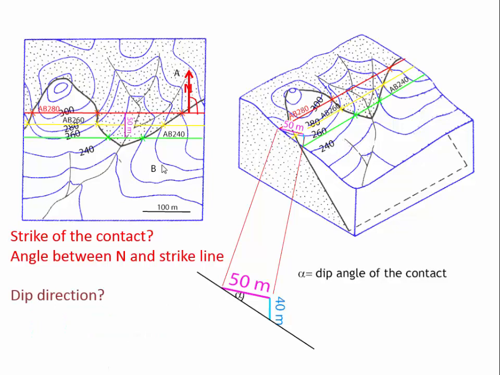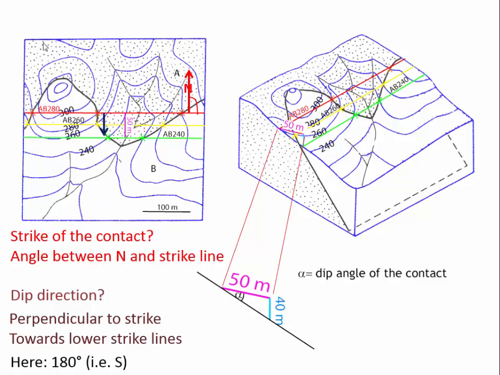So how to determine the dip direction? The dip direction is easily determined at right angle with respect to the strike line, and always pointing from the highest strike line to the lowest strike line, in this case here from 280 towards 240 meters. This is this direction. The dip is in this case south.